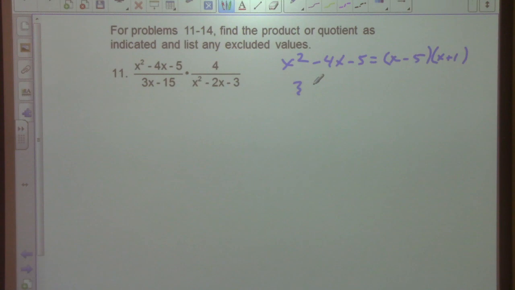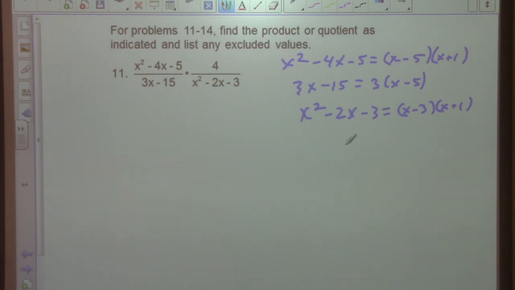Okay, 3x minus 15 is equal to 3 times x minus 5. And then we have finally this x squared minus 2x minus 3. That's going to be equal to x minus 3 and x plus 1.